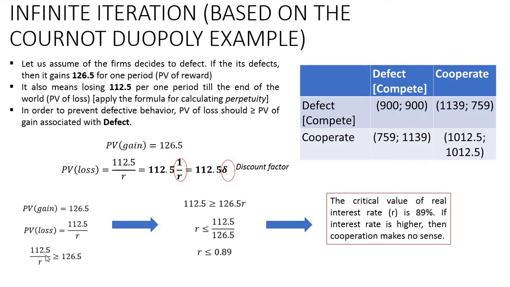So the present value of loss should exceed or be equal to the present value of gain, and if you calculate this, you will see that the critical value of the real interest rate is 89%. So if the interest rate is higher, then cooperation makes no sense, and there are no chances to sustain the cooperative outcome.